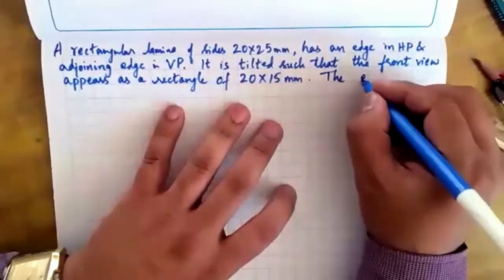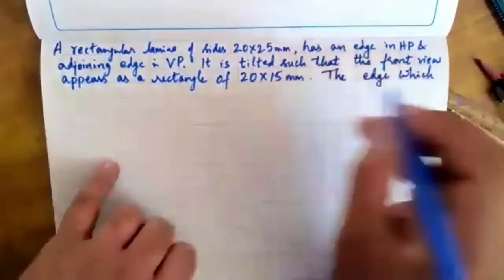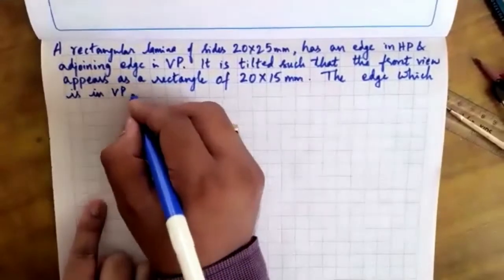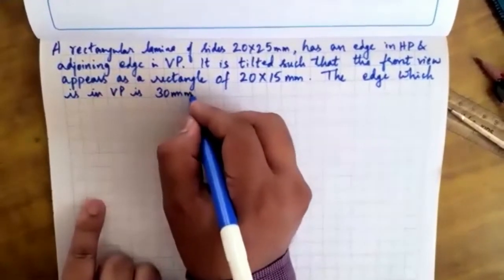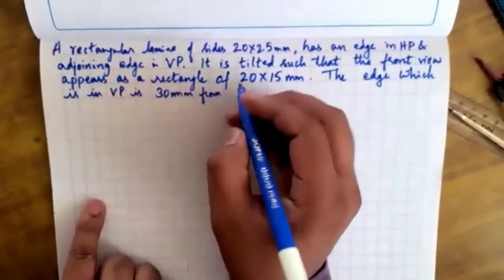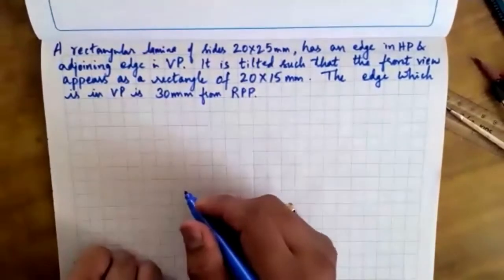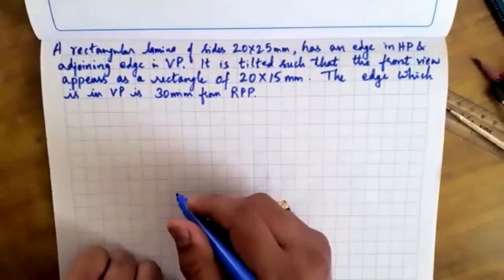The edge which is in VP is 30 mm from the right profile plane.